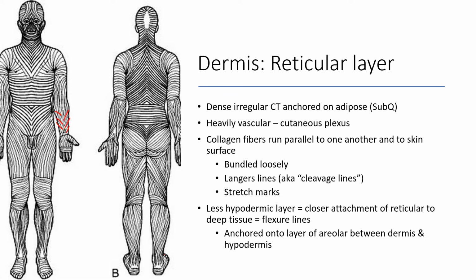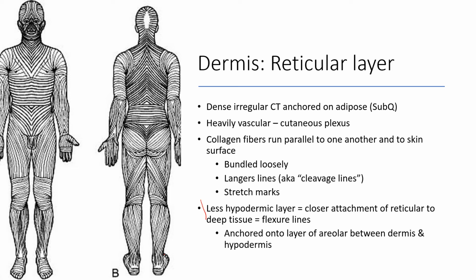So you notice those are perpendicular to the Langer's lines. My scars that go perpendicular are a lot deeper and have a bit more of a protruded nature to them than the ones that go like this. Those scars, where I even have them at all in the first place, are much less visible.